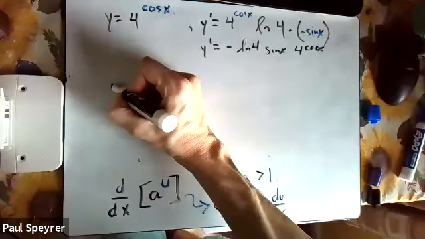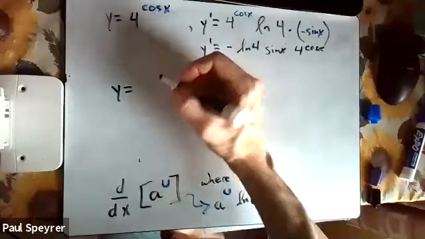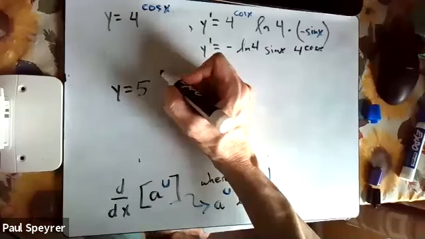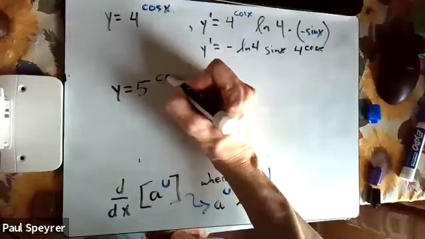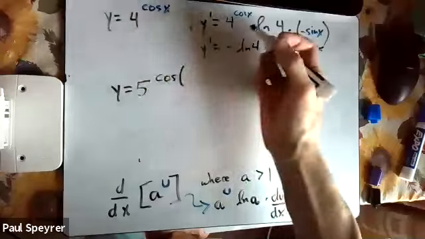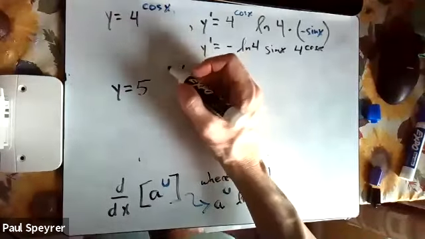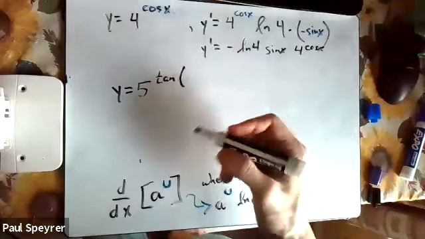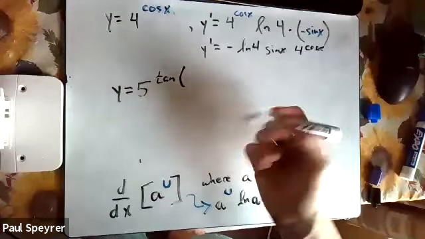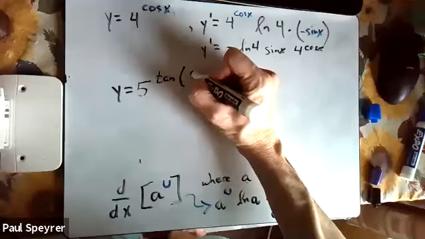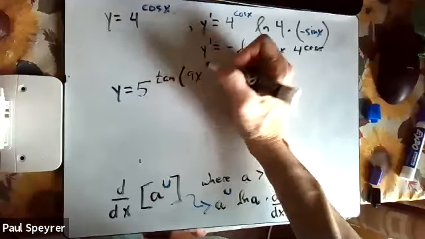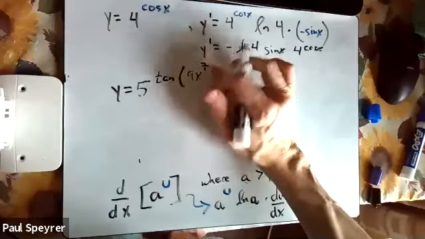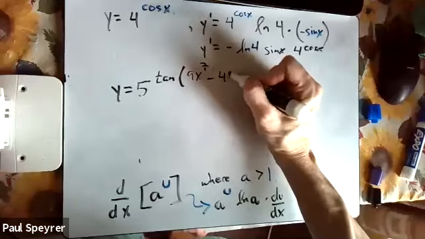Now, what if I have y equals, I'll say 5 to the cosine of, well, I won't do cosine. I'll do tangent. Why not? Tangent of, let's see here, 9x to the 7th plus, I'll say minus 4x.